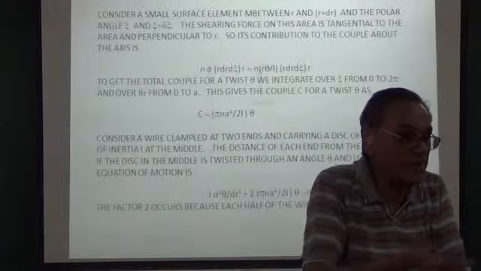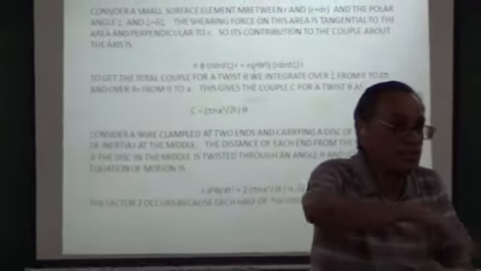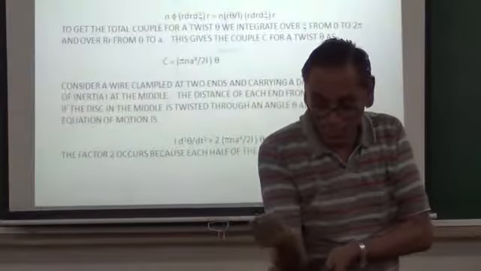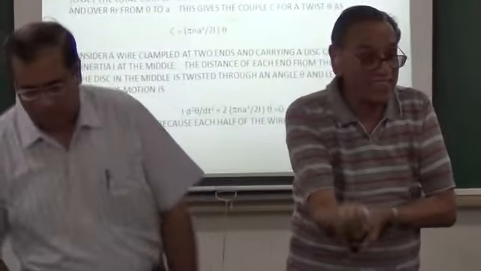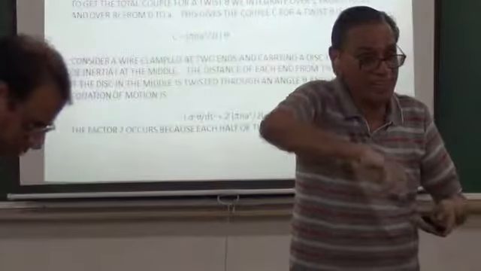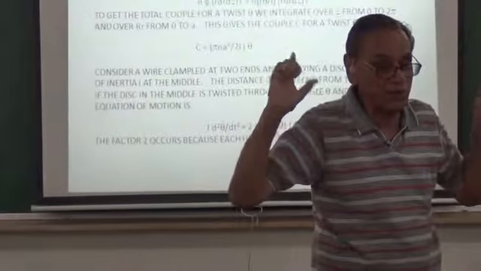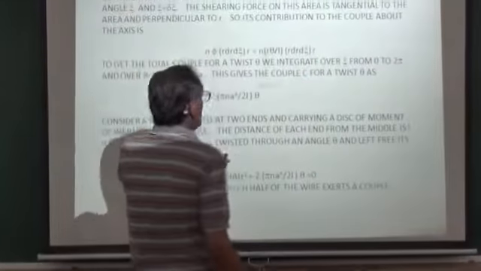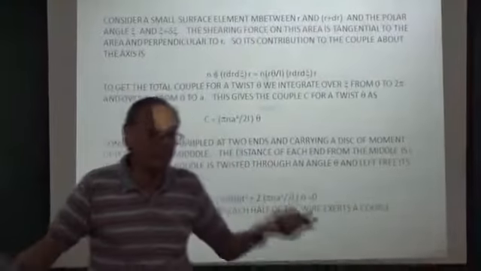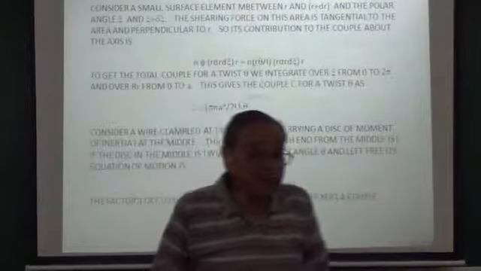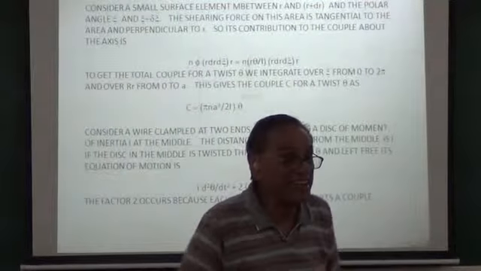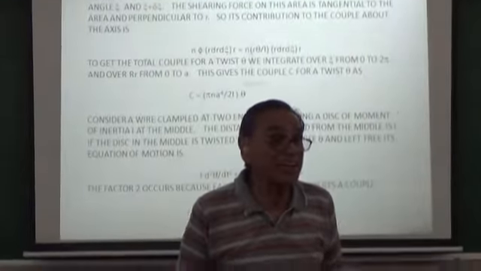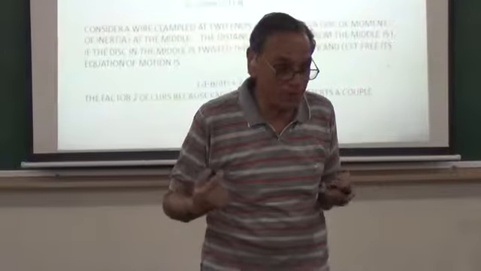Now I have to integrate to find the total couple. I have to integrate over psi from 0 to 2 pi, r from 0 to a. So when I integrate d psi from 0 to 2 pi, I will get a factor 2 pi. r cube dr, I integrate 0 to a, I will get a to the power of 4 by 4.